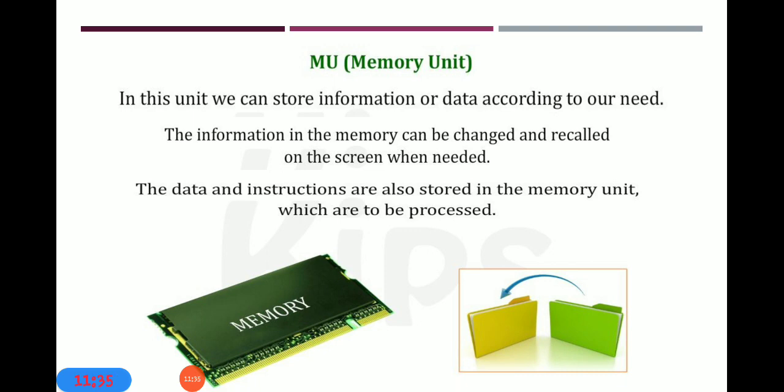The information in the memory can be changed and recalled on the screen when needed. Just like we have a small brain and a large brain, the computer CPU is also divided into three parts: memory unit, control unit and arithmetic and logic unit.